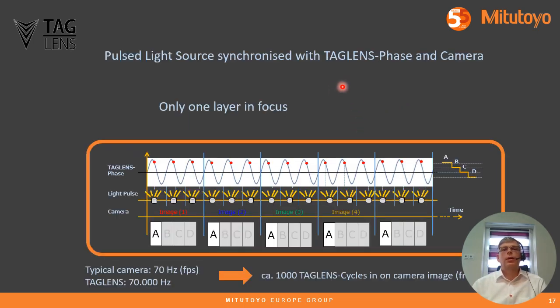One example is how to use a pulsed light source that is synchronized with the TAG lens phase and the camera. We can pick only one layer in focus.